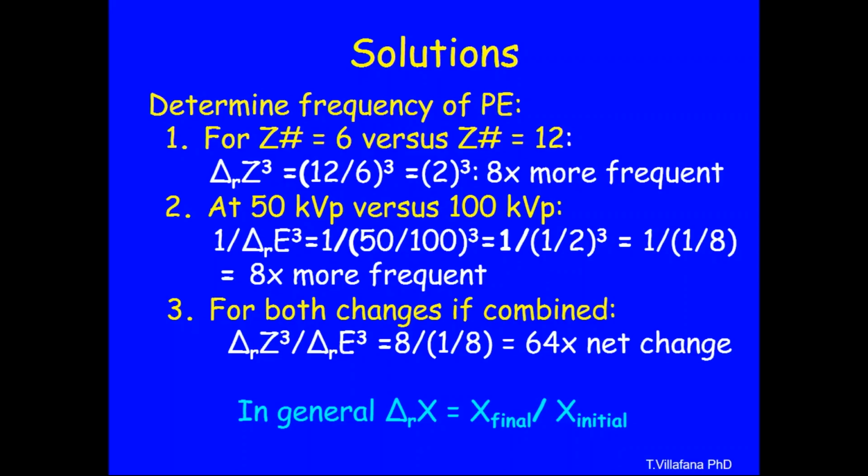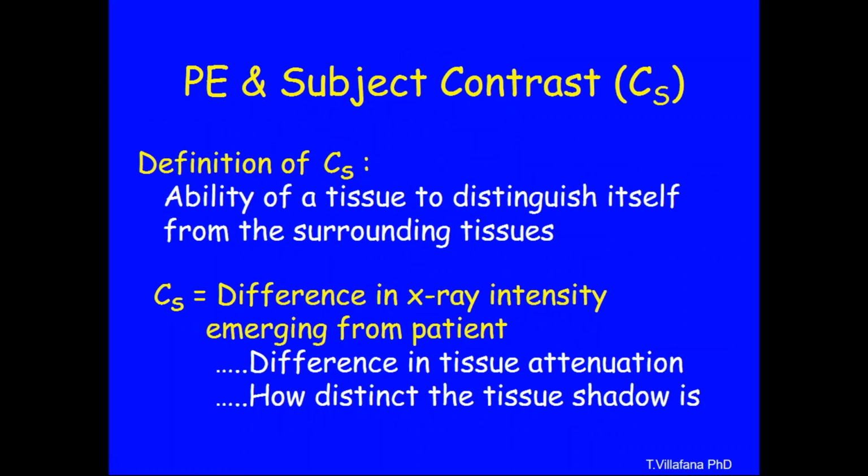Low energies will differentiate low atomic number tissues. Soft tissues have very little differences in atomic number, so it behooves you to go to low energies. Okay, that's the concept. Okay, definition of subject contrast. Remember that we did that early on. I just wanted to make sure you had a good handle on that.